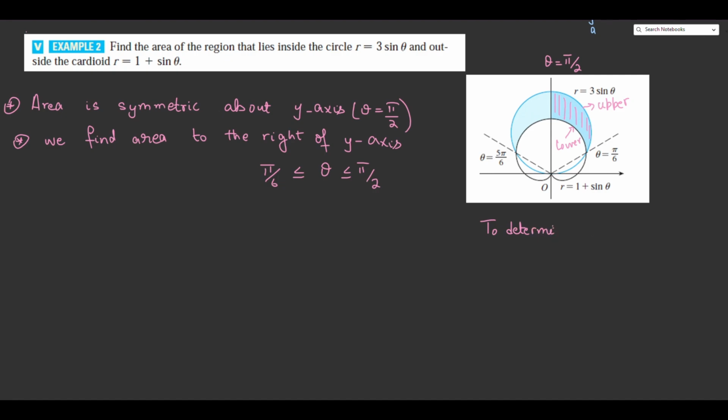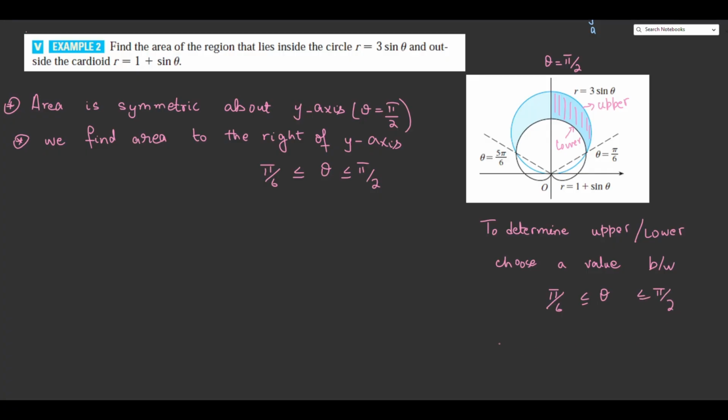We use the same technique we used in calculus 2. You need to choose any number between pi by 6 and pi by 2, which are our values of theta.